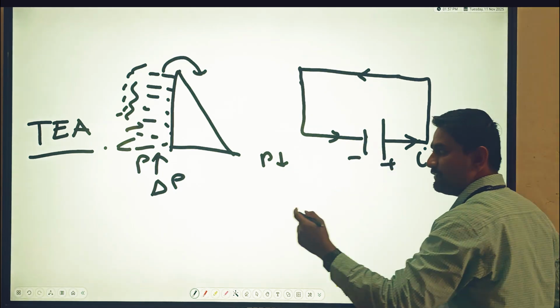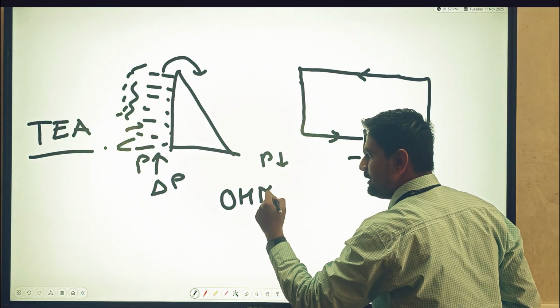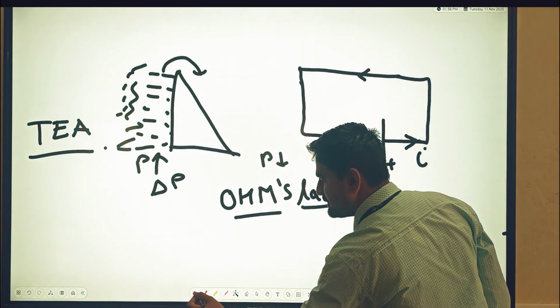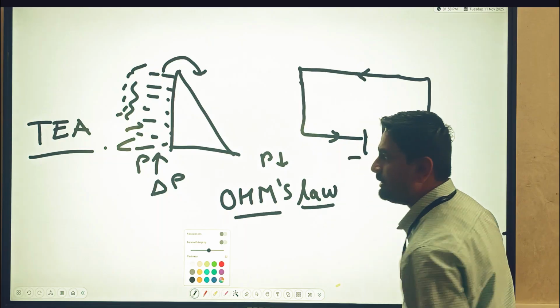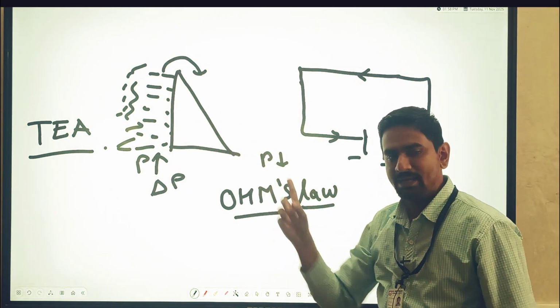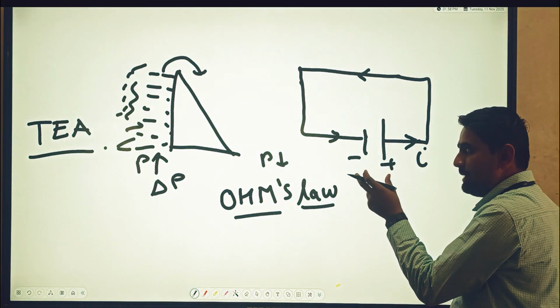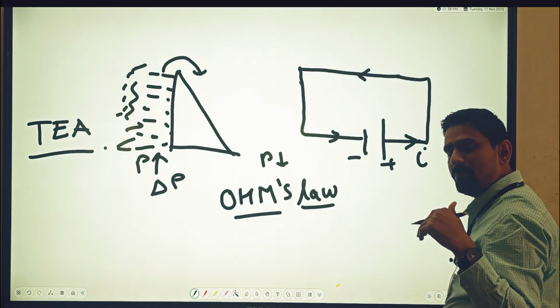So in this case, we will learn about Ohm's law. Forget this equation and consider what I have said. Due to pressure difference, the water will flow from this side. Similarly, if we apply the battery to this wire, there will be a potential difference.